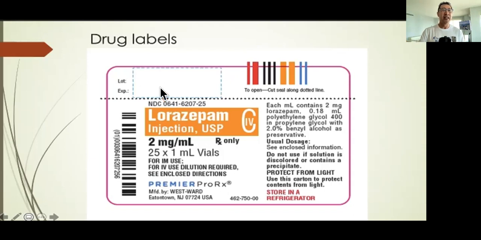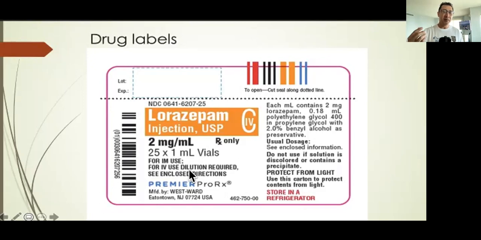Same, there's the NDC number. I don't think that's the number for the FDA. Lorazepam, generic name. And if you go counterclockwise here, here's the ingredients list. And down here, for IV use, dilution is required for this medication.